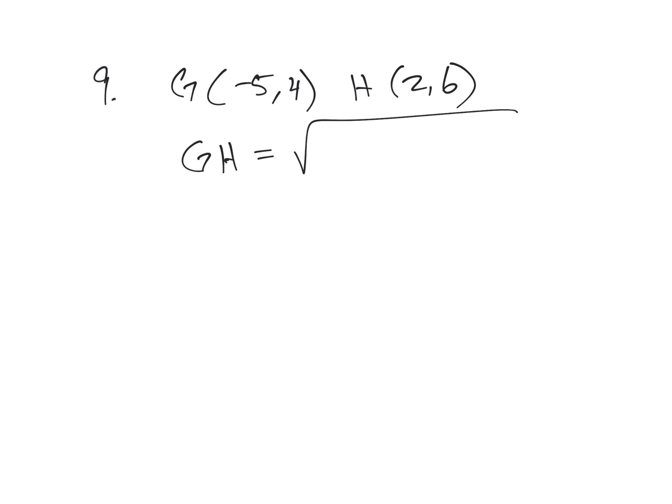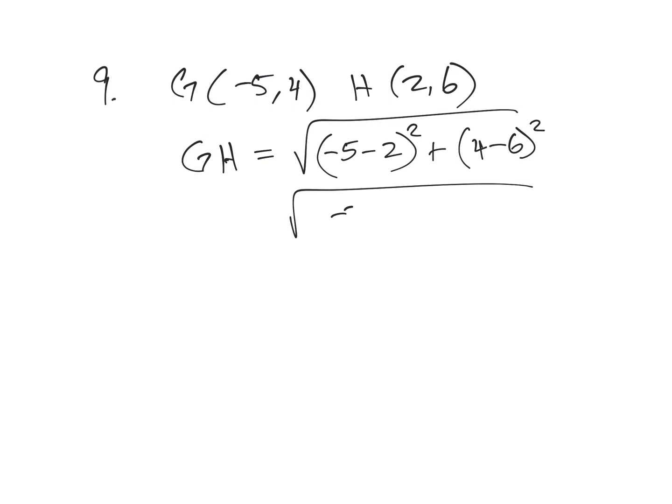Distance is always the difference from one end to the other. So from -5 to 2, you have to subtract them, and 4 to 6, you have to subtract those. -5 minus 2 is -7. 4 minus 6 is -2. At this point, remember, everything should be positive.